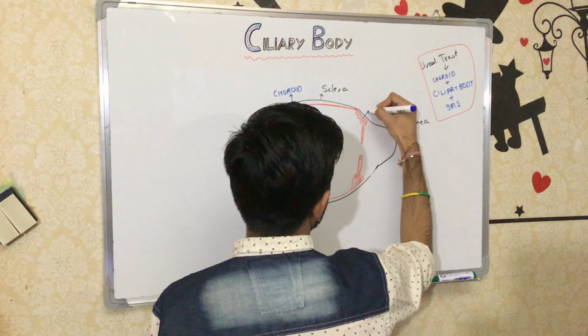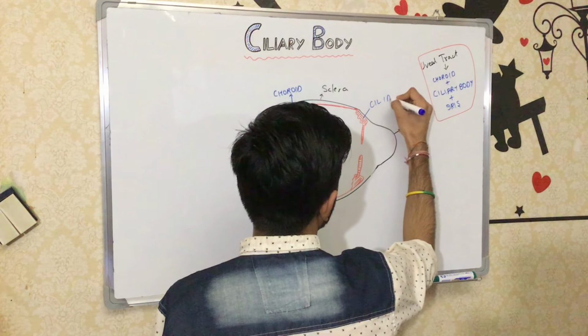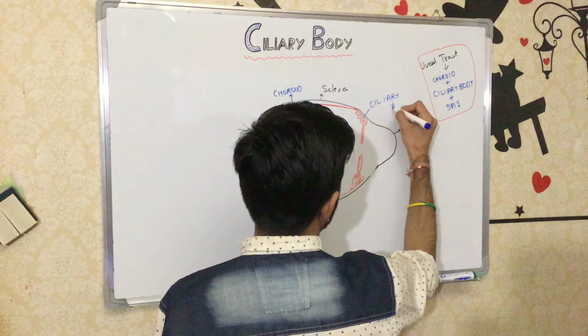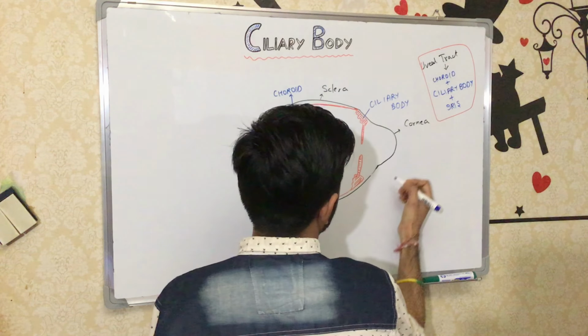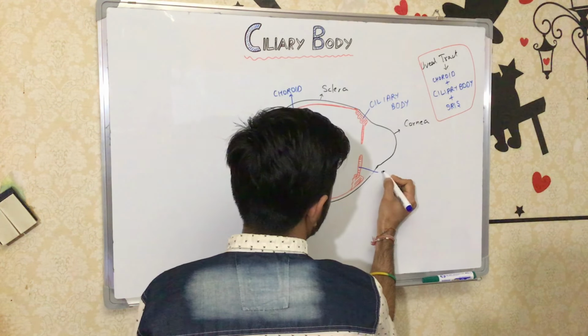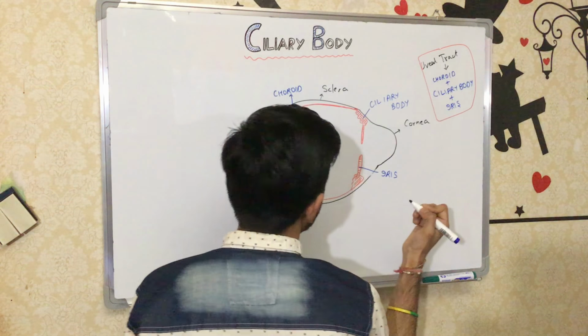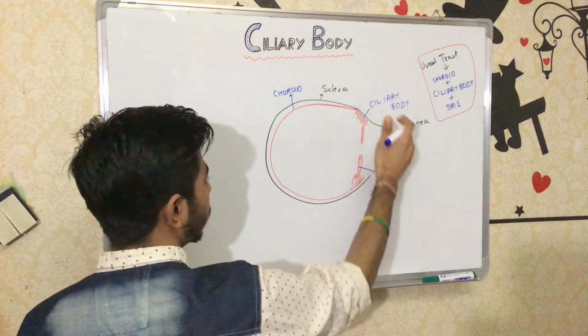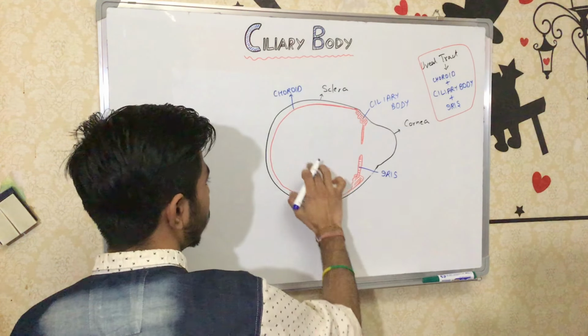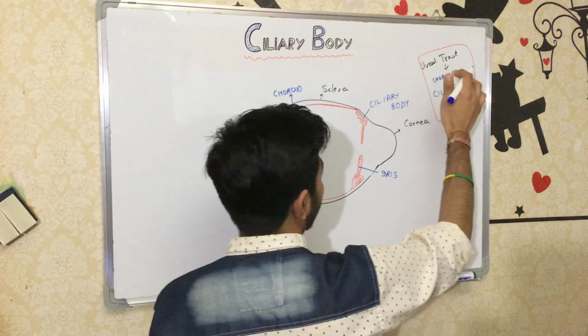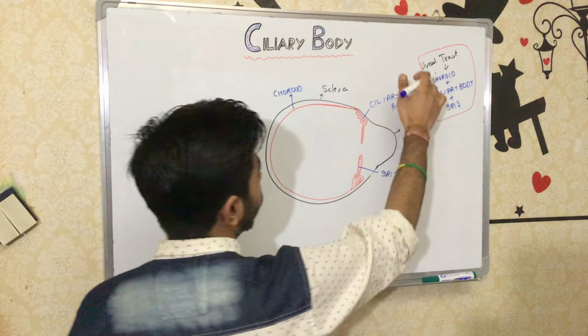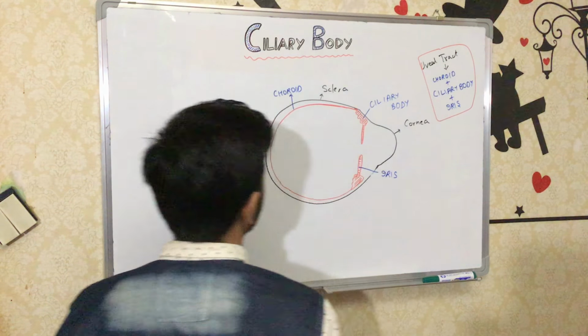This one will be the ciliary body. And this structure I have drawn here is the iris. Again, choroid, ciliary body and iris, these three structures combined are called the uveal tract in ophthalmology.